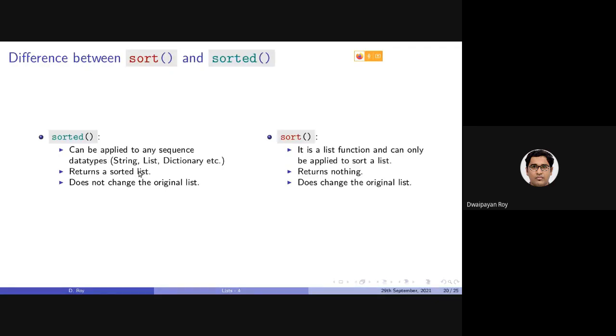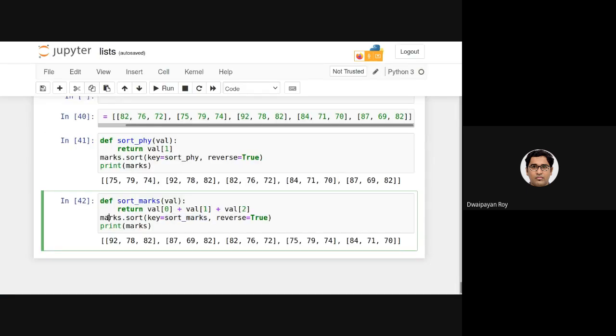The list given as parameter will be kept as it is, which is not the case for sort. As we have seen, with sort the list is actually being changed.